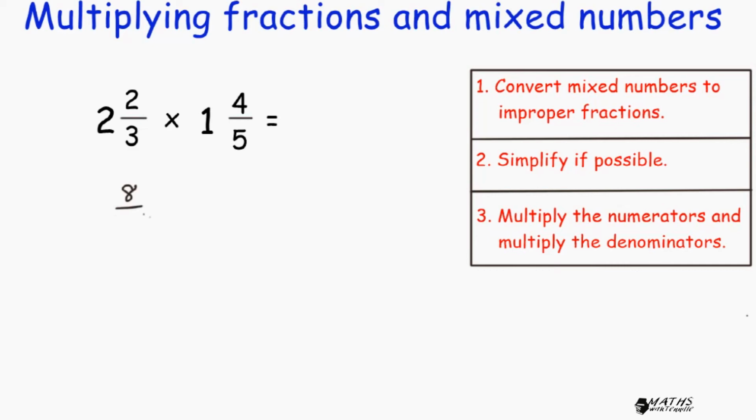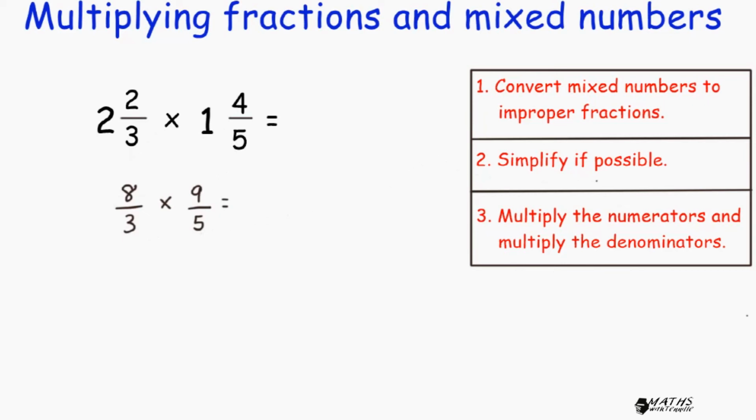And the denominator remains the same. The second one, 1 times 5 is 5, plus 4 is 9, and the denominator remains the same. So 2 2/3 times 1 4/5 is the same as 8 over 3 times 9 over 5.